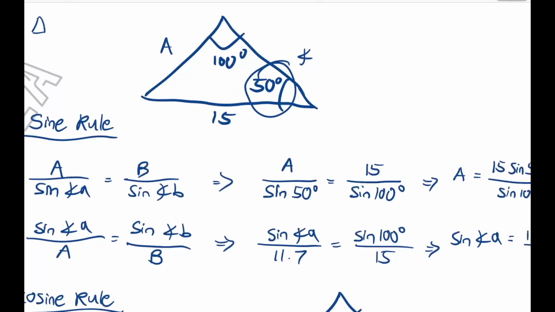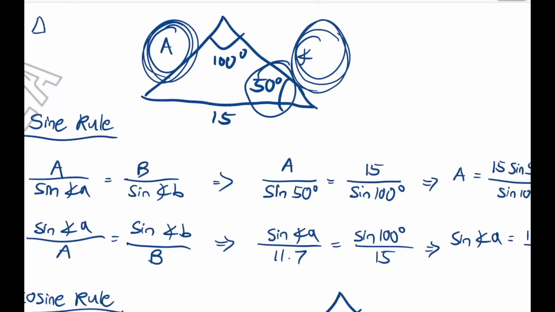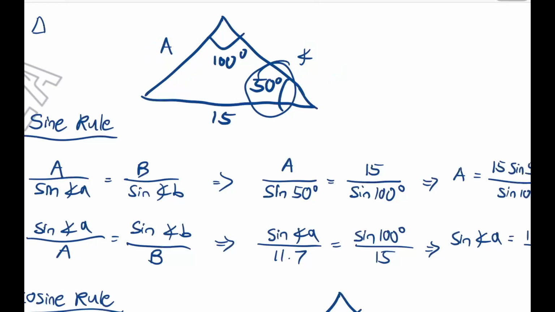So you're free to name the length A or B or C, but the important thing to note is that if you call this length A, this must be called angle A. So with that, I have my length A and angle A.